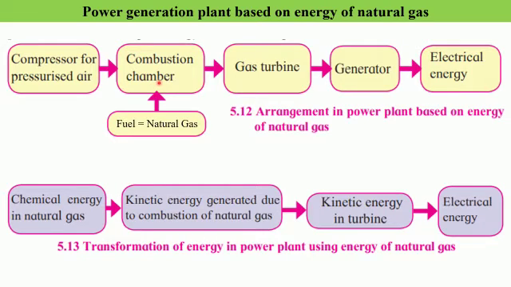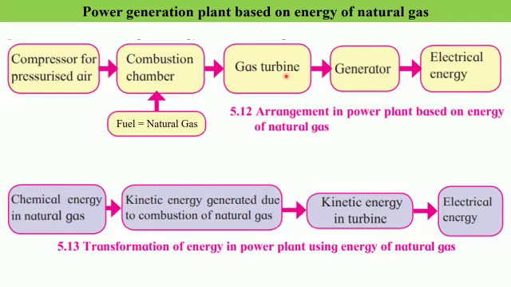In the combustion chamber, we allow natural gas to flow in, which is our fuel here. From the other side, compressed air is coming, and inside the combustion chamber, natural gas burns in the presence of air. Now this gas which is produced here is at very high temperature and under a lot of pressure also. Such gas at high temperature and high pressure is used to rotate the gas turbine.